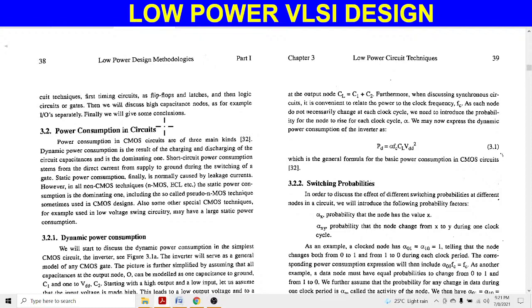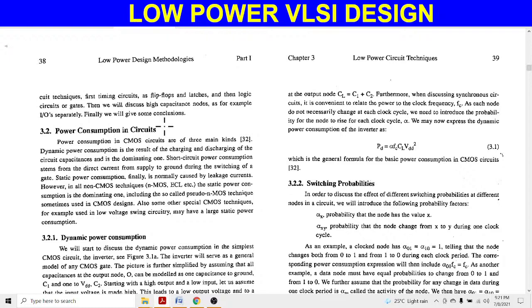The power dissipation is generated due to three main reasons. First is the switching of the transistor. The second is the flow of short circuit current, and the third is the leakage current. Because of the leakage current, the static power dissipation occurs, and because of the switching and short circuit current, the dynamic power dissipation occurs.